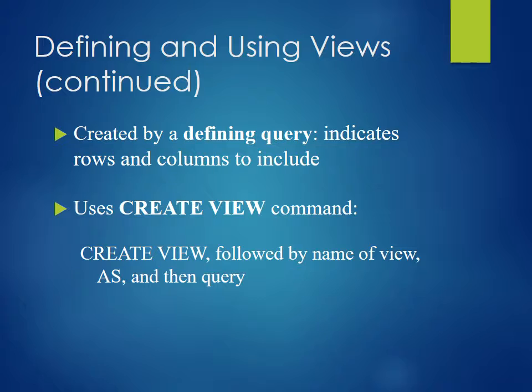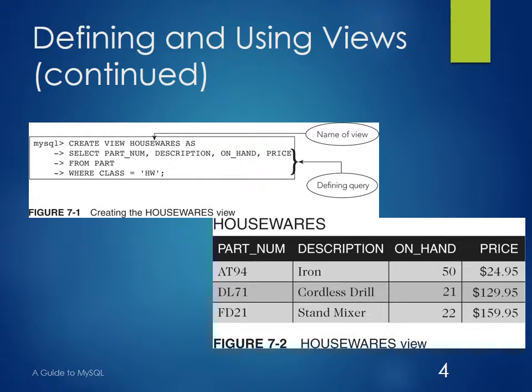When you define a view, you use the create view command, followed by the name of the view, the keyword as, and then the query you are trying to create the view based on. Here's an example. I'm creating a view called housewares by selecting the part number, description, on-hand, and price from the part table where the class is HW.